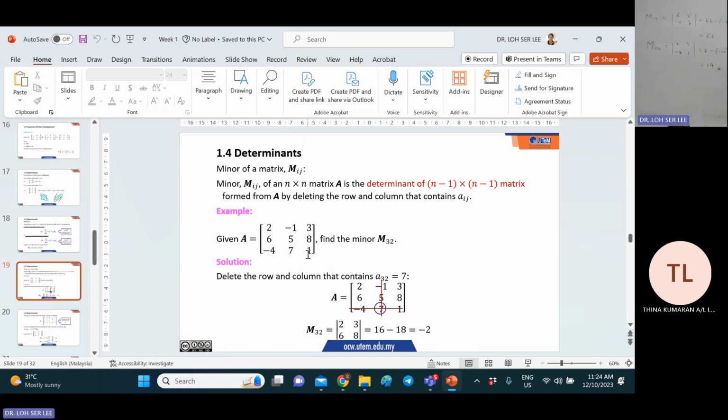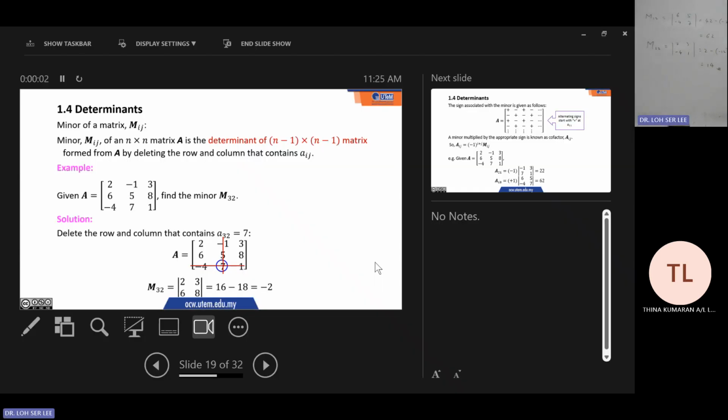That one I never tried before. What's the try? This minor is used to find the determinant later. Okay, this one can be tried later. So minor is one of the components.